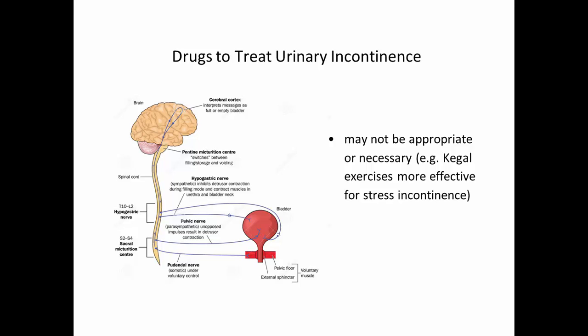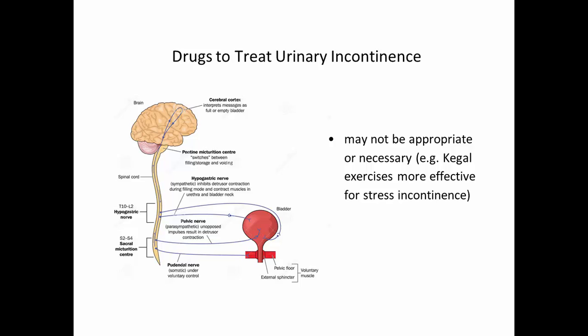And so there's sort of a couple options, but they're not necessarily the most effective. Urge incontinence, however, is when a person has a very sudden urgency to void. They may feel as though they don't have to urinate at all, and then suddenly there's an overwhelming urge.